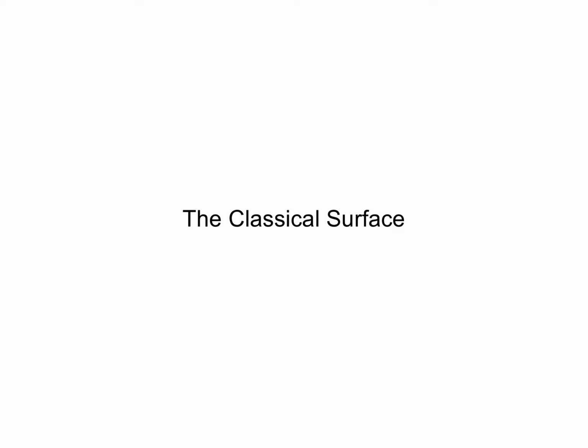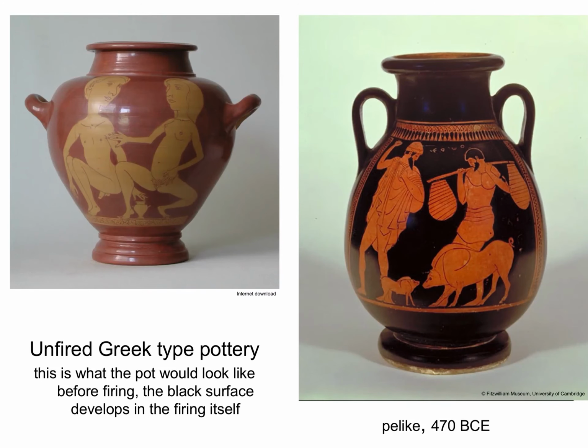What's interesting as well is not just the level of form, as I've mentioned already, but the level of surface. There is something as a classical surface in ceramics. And what's interesting to know is that when those objects were made and painted, they looked like the object on the left.